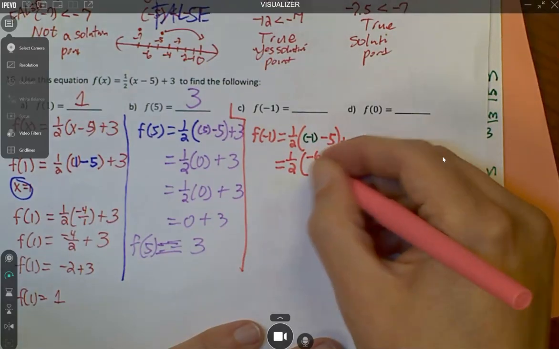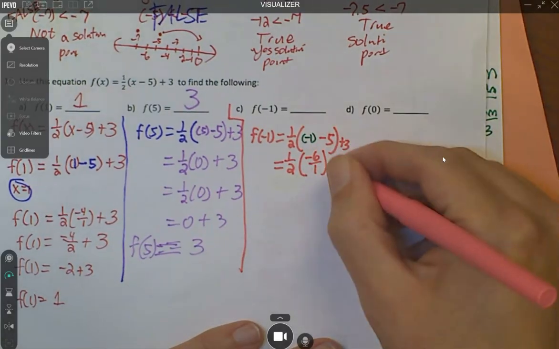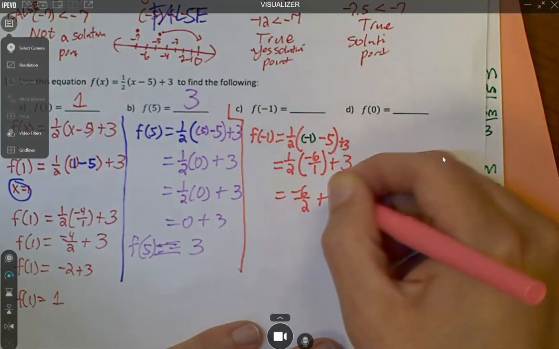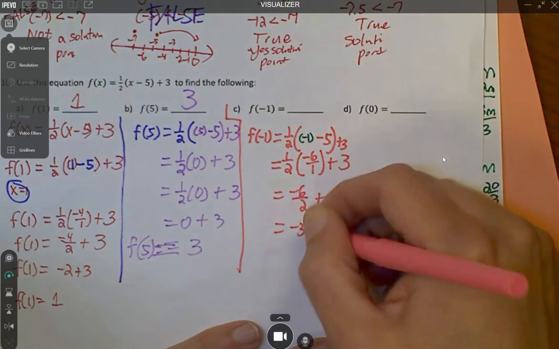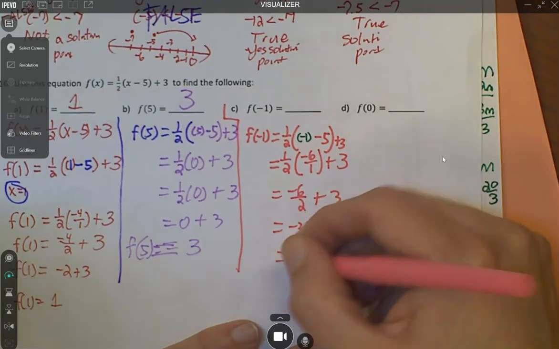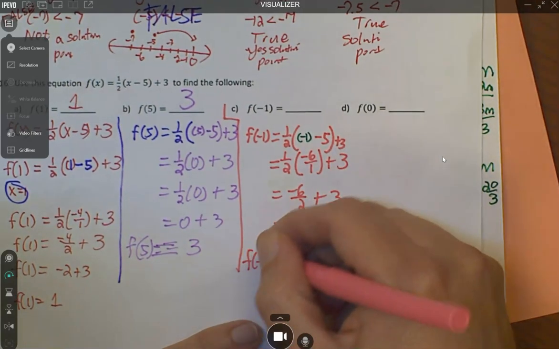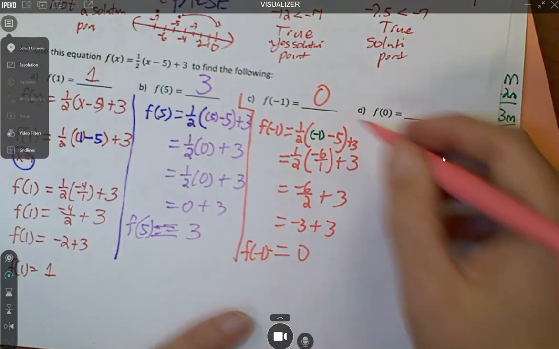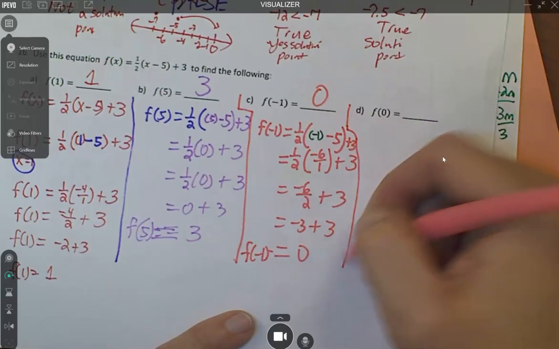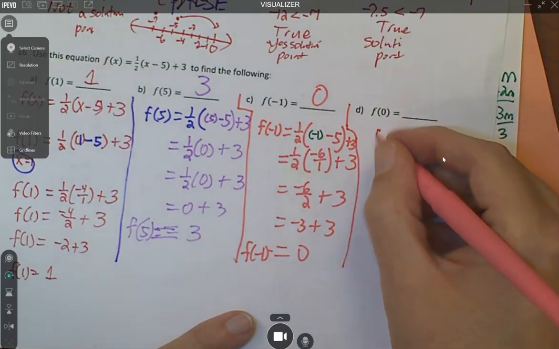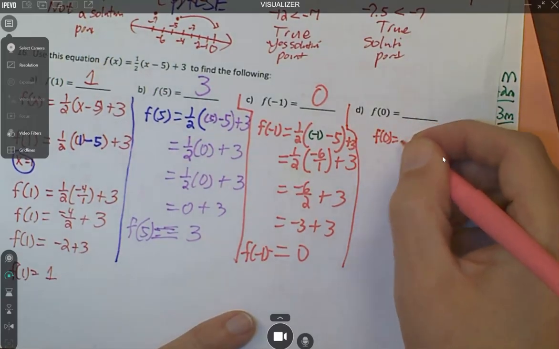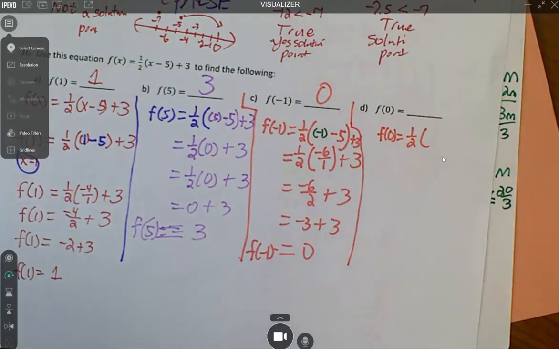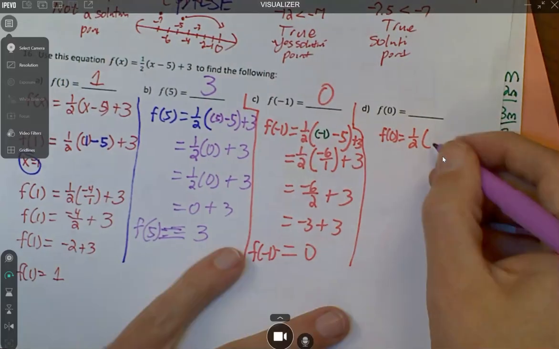It's negative 6 over 1. This is the only one that should have tripped you up a little bit. Okay, what are we putting in for x this time? You guessed it. 0.